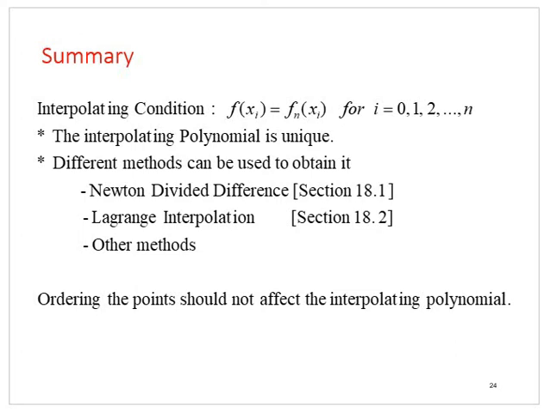In our next lecture, I'll show you how you perform the Lagrange method. In this lecture, we're just doing the Newton divided difference method, which was only centered on finding the gradients, and then from there you come up with your interpolating polynomial. So thank you.